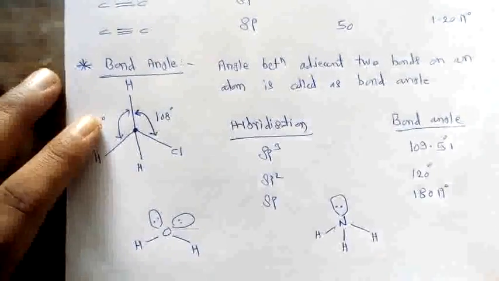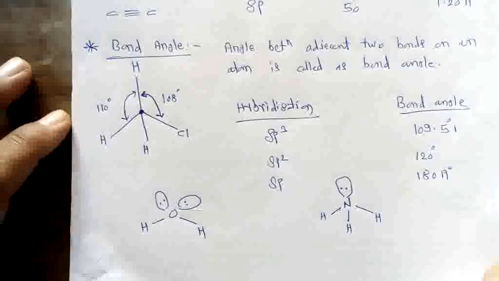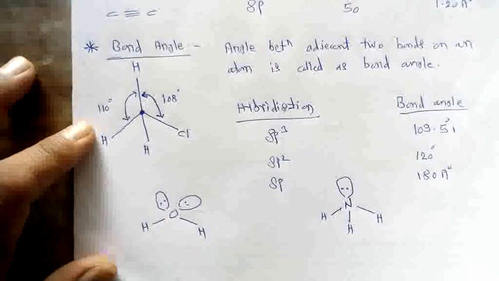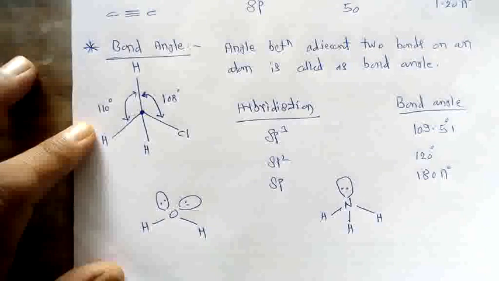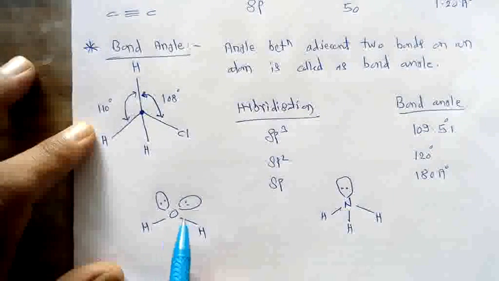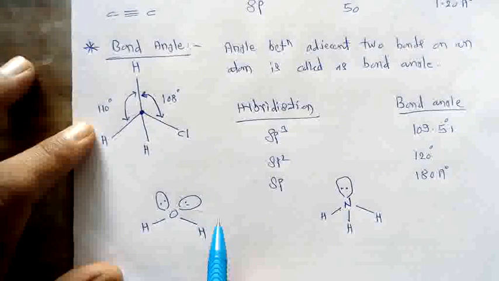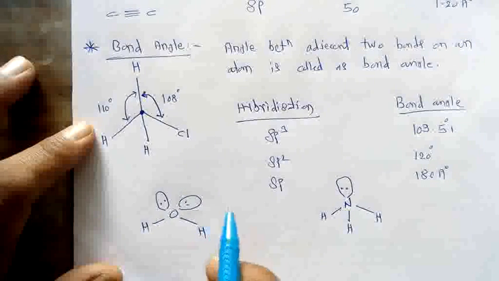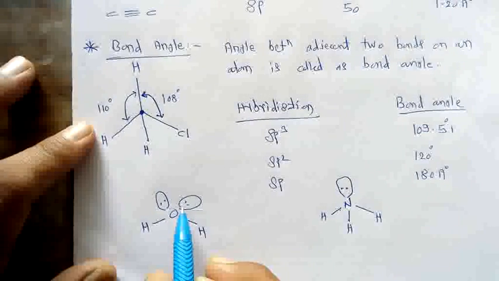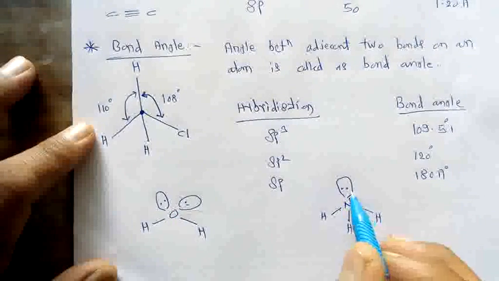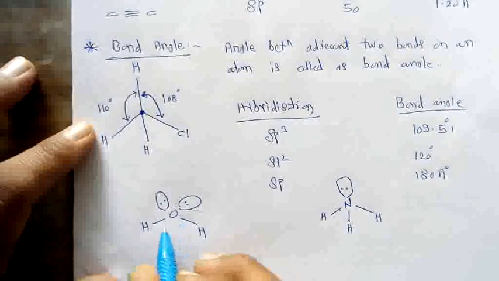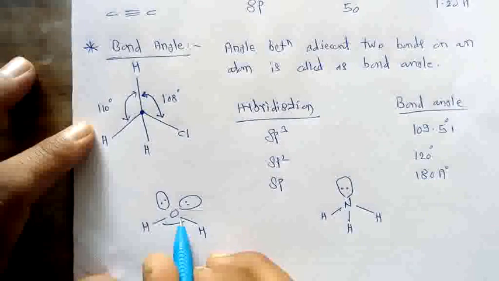Now, if we want to study the magnitude of the bond angle between these atoms in these two different molecules, we have to take into consideration how many non-bonding electron pairs are present on the centrally situated atom. In water, two non-bonding electron pairs are present, while in ammonia only one non-bonding electron pair is present on nitrogen, due to which the bond angle value is different in both cases.